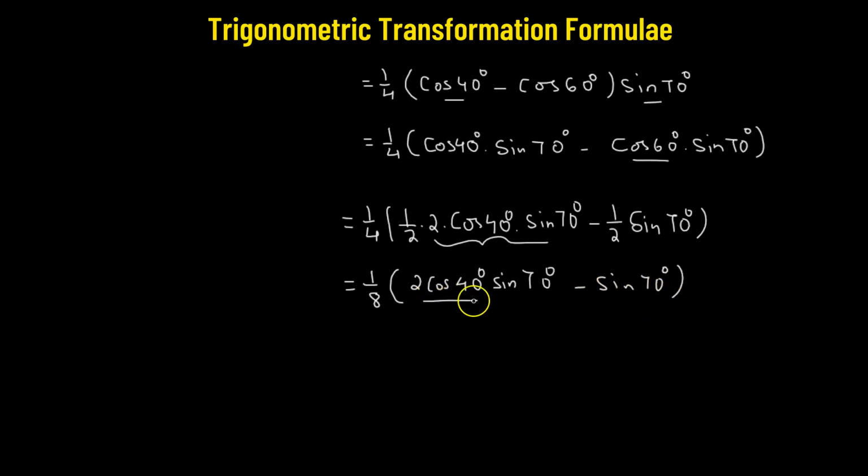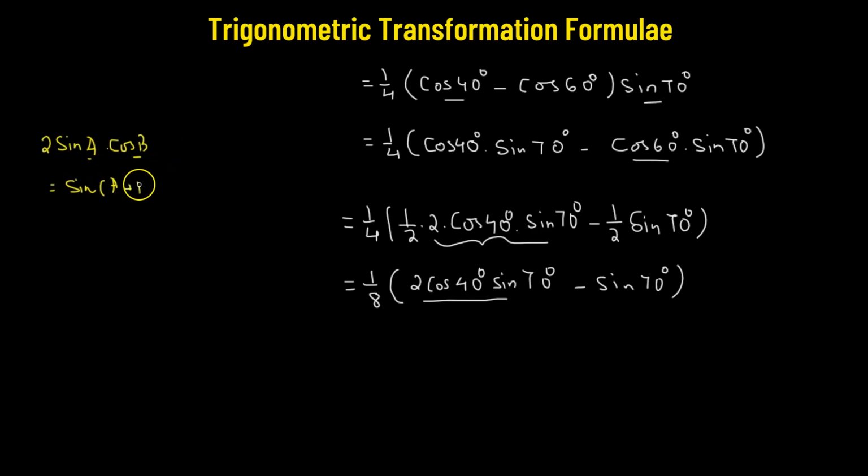So here we have a formula where we have the product of a cosine function and a sine function. Clearly the angle of sine is greater than the angle of cosine. So here we'll have to use the formula 2 times sine of angle A times cosine of angle B. We're just making an assumption here that A is greater than B. So this will be equal to the sum of two sine functions.